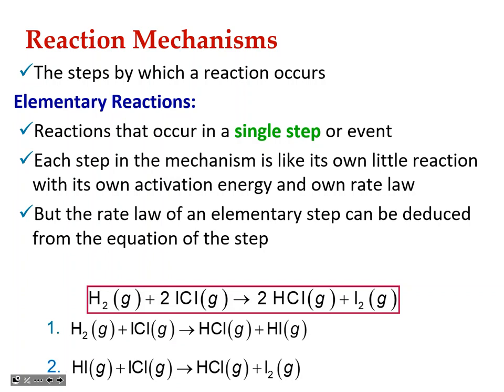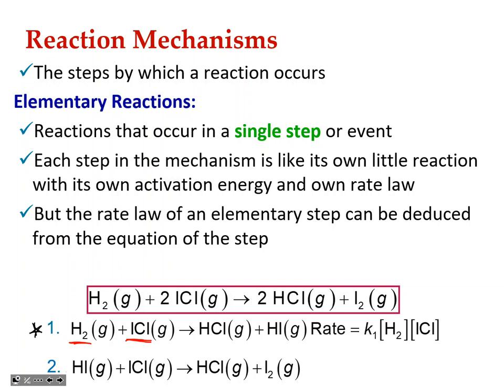We'll eventually get to the rate law for the overall, but for the individual steps here, writing the rate law is going to be dependent on the concentration of the reactants. So in this particular case, for number one, it's going to be the concentration of the hydrogen and the concentration of the iodine monochloride there. So what would be the rate law for this individual step here?